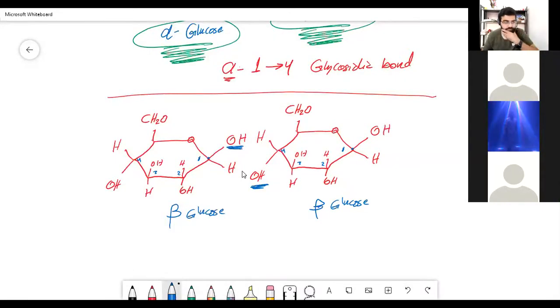No, I say suggest how to solve this problem. Now the problem: the OH in the second glucose is not matching with the OH in the first glucose. We said the glycosidic bond is between carbon number 1 and carbon number 4, because they are beside each other.